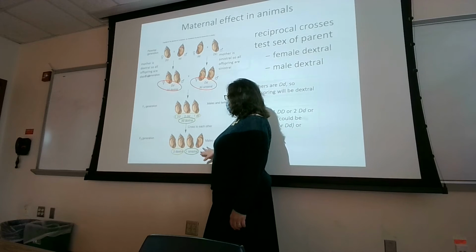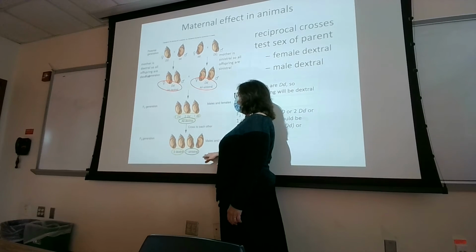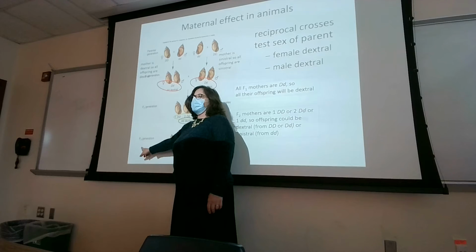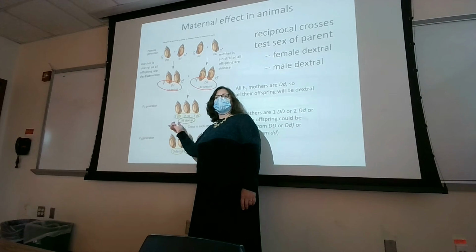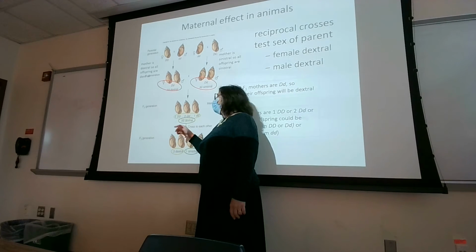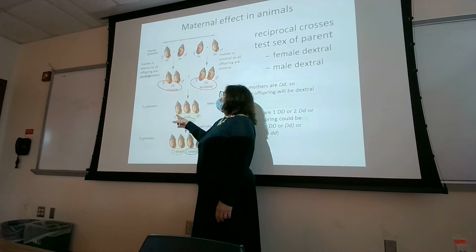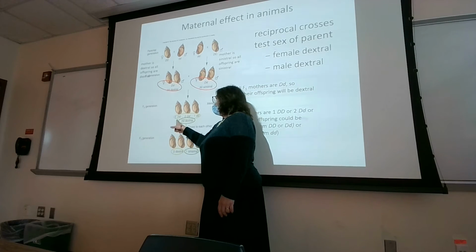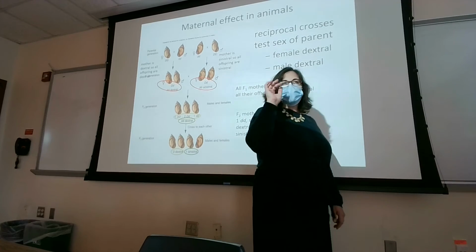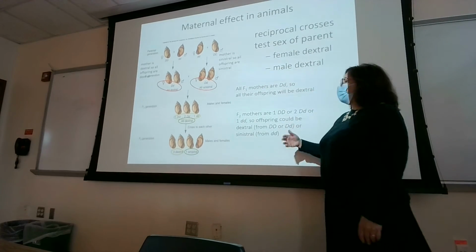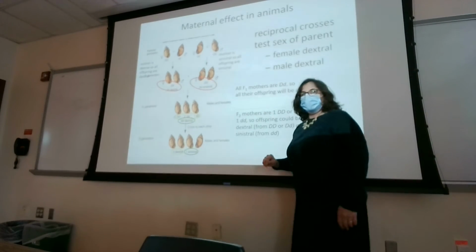And so you come back to your 3-to-1 ratio, but only in the F3 generation. And that's assuming random mating amongst all of these. Okay? And you can work out all the different crosses. You could have big D by big D, big D. You can have big D by big D, little d, etc. You can work all through those different crosses, and they'll all add up to give you that 3-to-1 ratio.